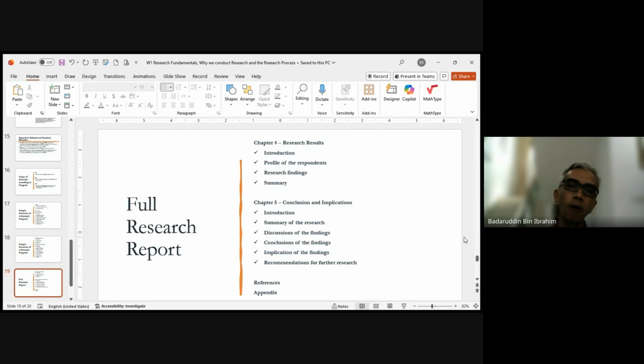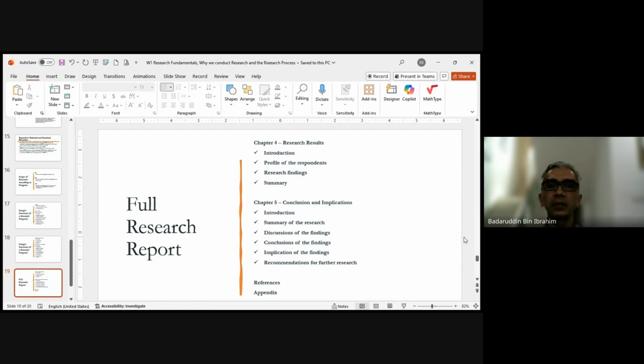If you have 4 research questions or 4 objectives, for example, then the minimum headings that you must have in chapter 4 is 4 subheadings, excluding introduction and summary. So it really depends on the context of your research, especially when you want to present your result.